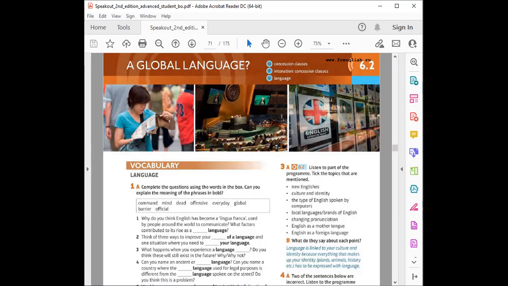So after their victory, everyone was trying to learn their language and connect to them, right?